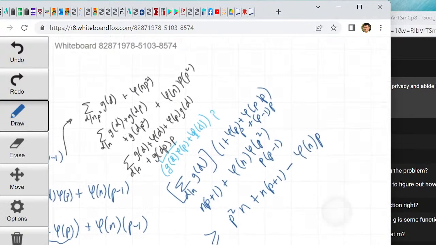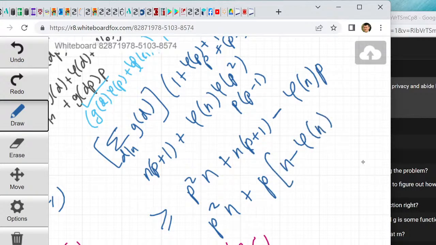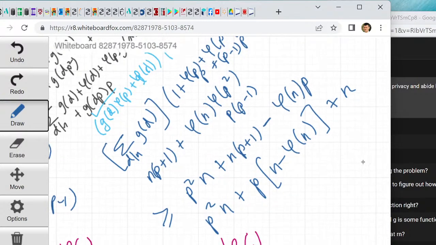Yeah, so it just has to be greater than p squared n, right? So this just needs to be, like, it's p squared n plus, and it's p outside of n minus phi of n. And we got an extra n for some reason. Okay, I mean, it's still bigger than that.